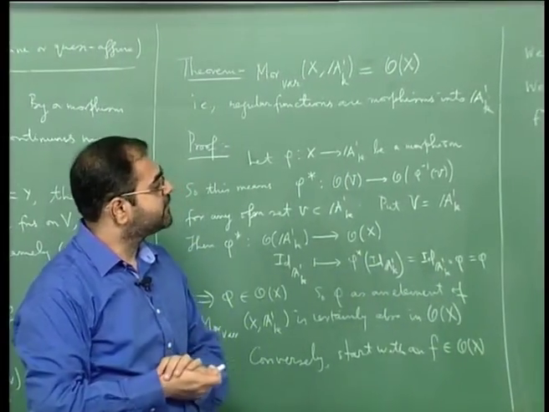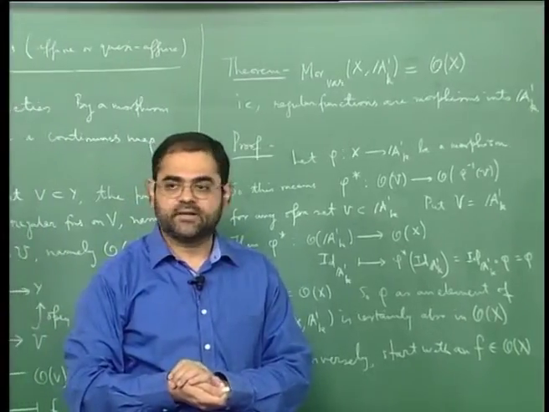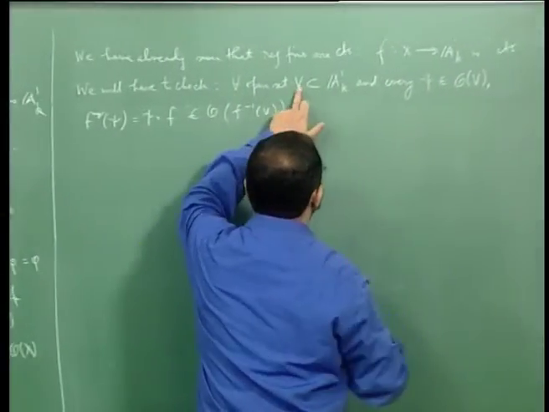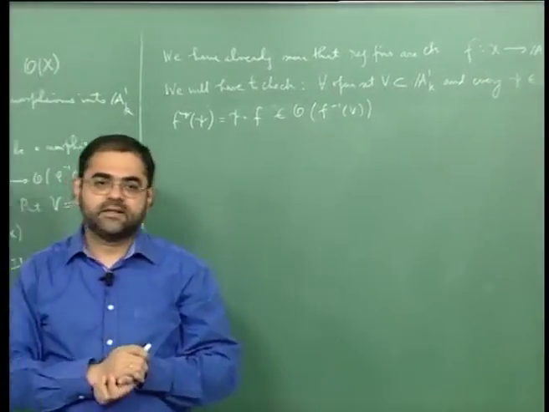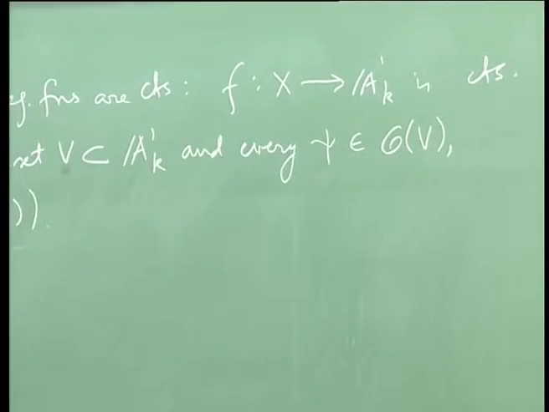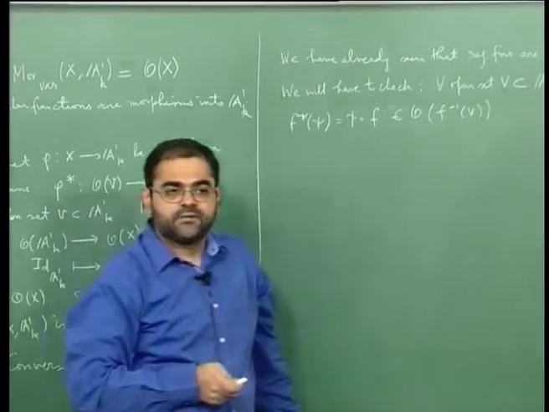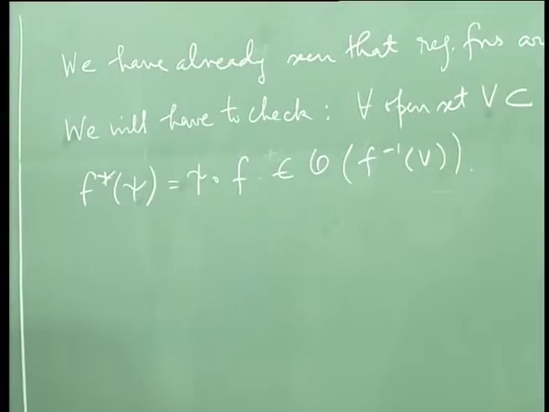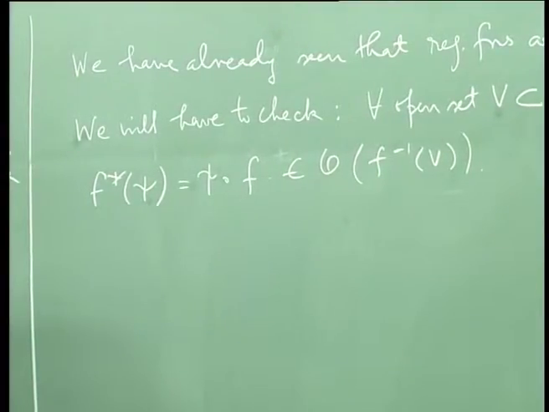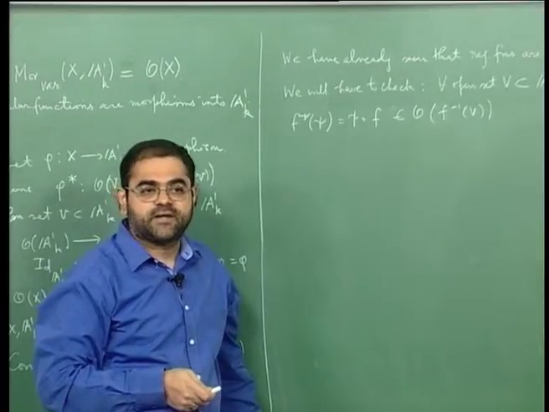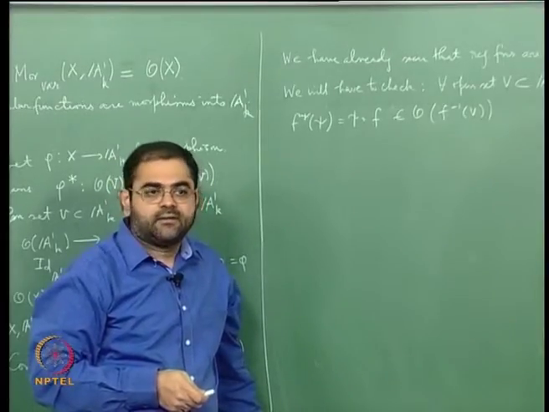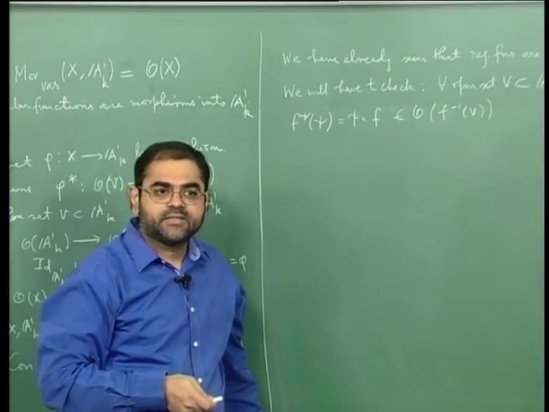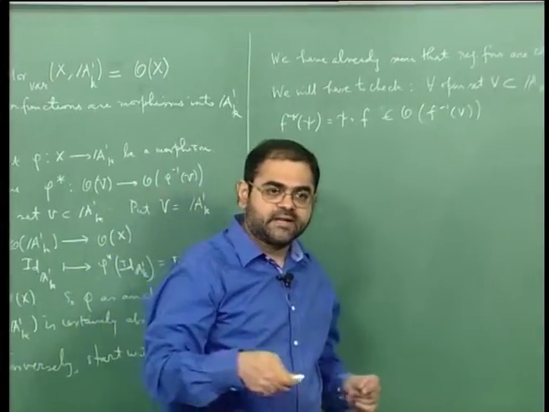You have to check that it pulls back regular functions to regular functions, right. So now what you must understand is that V is an open subset of A1, and of course I'm certainly not looking at empty sets. A non-empty open subset of A1 is actually a basic open set, because the open sets in A1 are complements of finitely many points, and there is always a polynomial with roots exactly at those points.